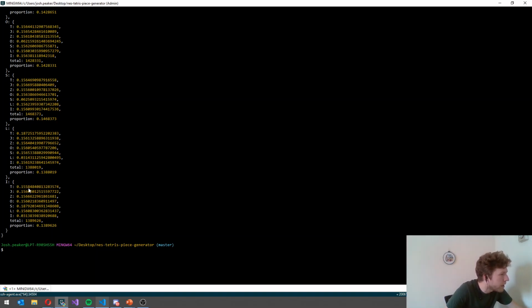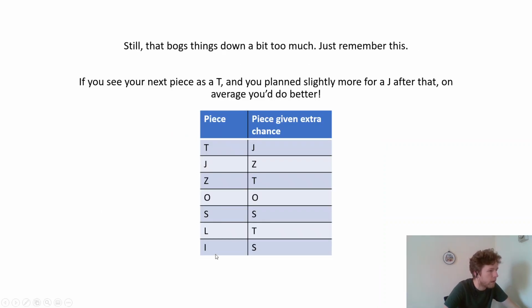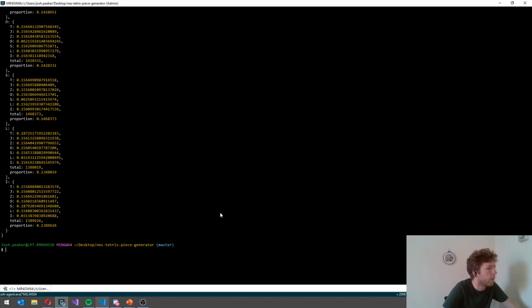And so you see in this 15.58, 15.6, 15.6, 15.6, 18.8. And we said in this, an I is most likely to go to an S. So I had already kind of worked through this logic, and then I coded this up and saw that it was accurate.